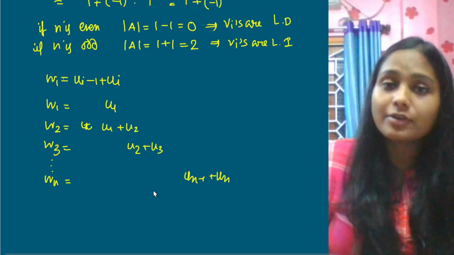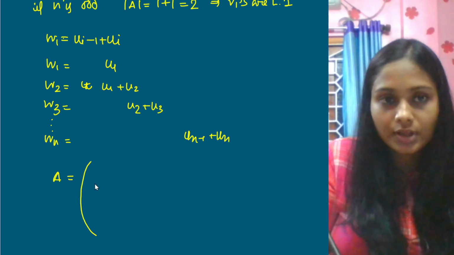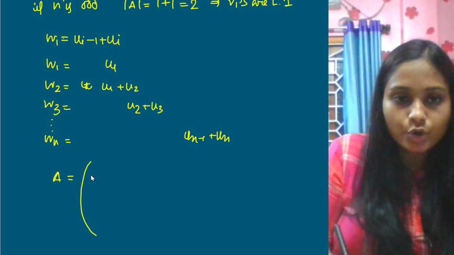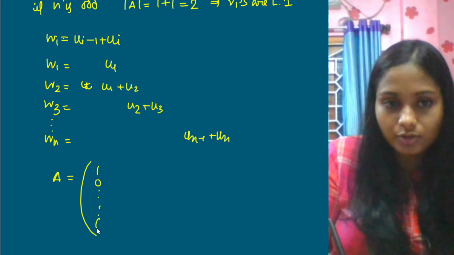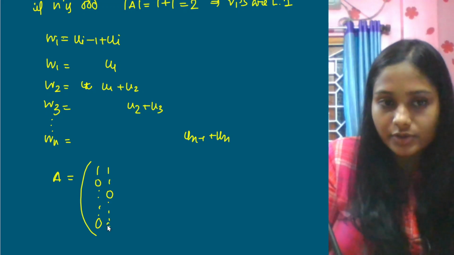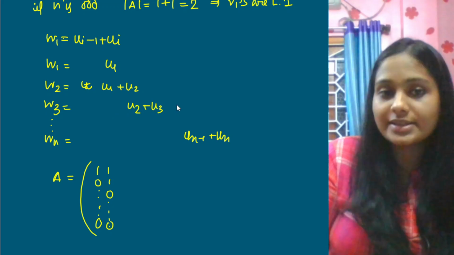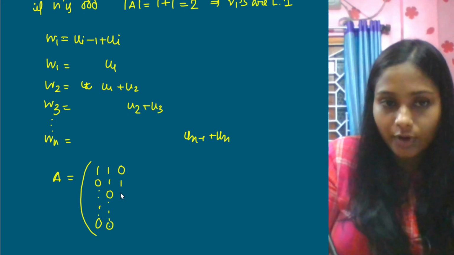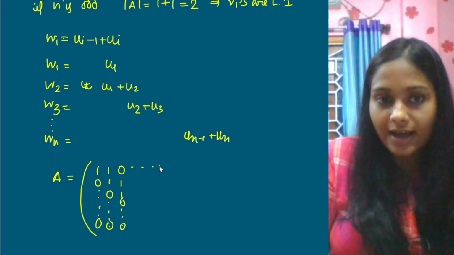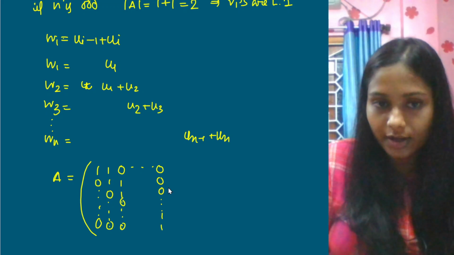So what will the matrix be here? Here the coefficient matrix will be 1, and after that all terms are 0, so 1 0 0 0. Here it is 1 1 0 0 0. Here it is 0 1 1 and the rest are 0. And the last row will be 0 0 up to 1 1.